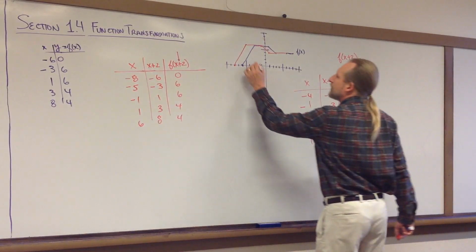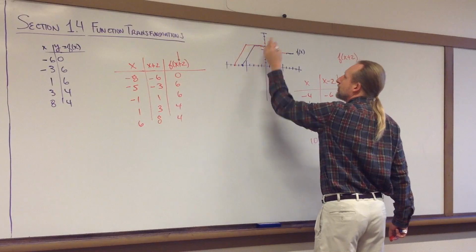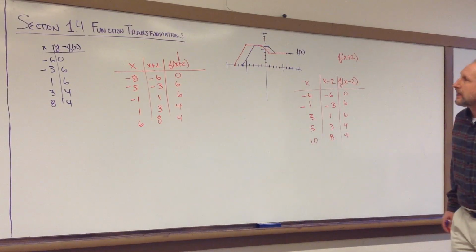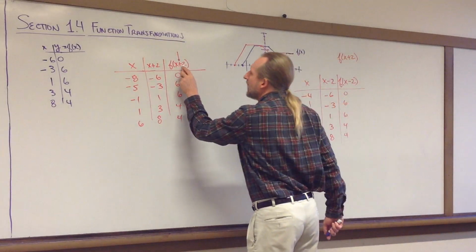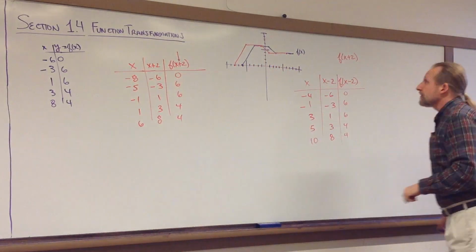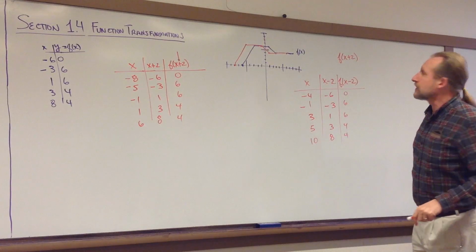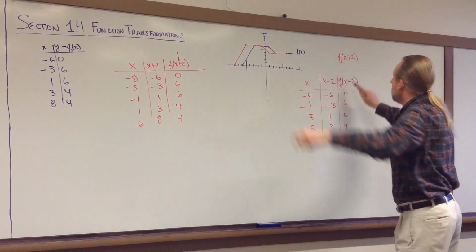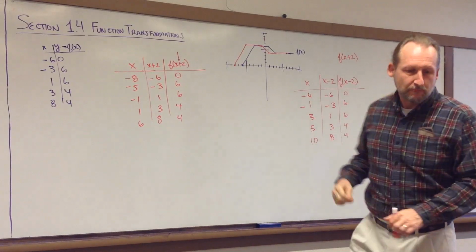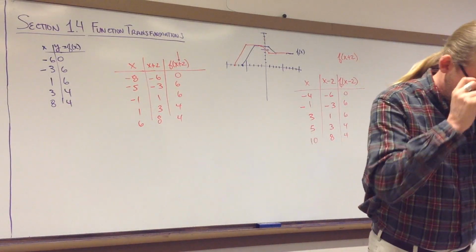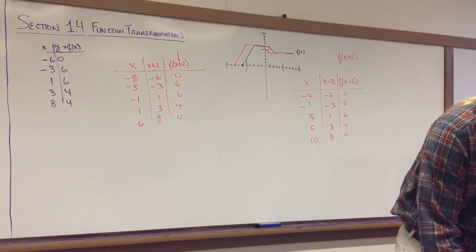And then if we went to graph it, it would just be shifted 2 places to the right, okay? So the horizontal shift happens inside the parentheses, and it shifts opposite in direction to that sign. This will shift to the left, this one will shift to the right. All right. Well, there's the horizontal shift.